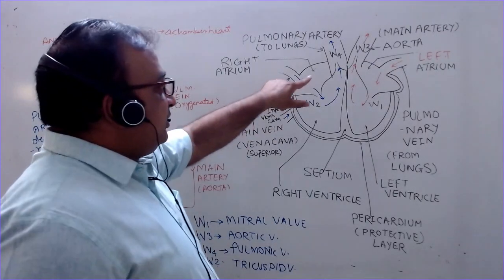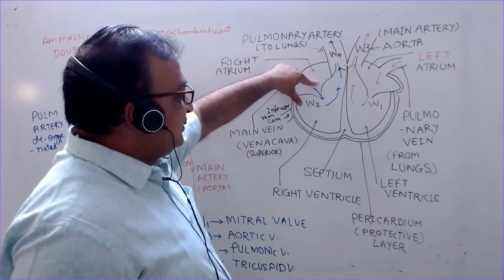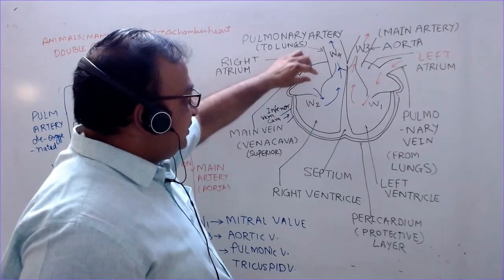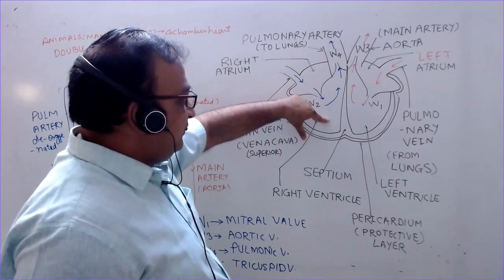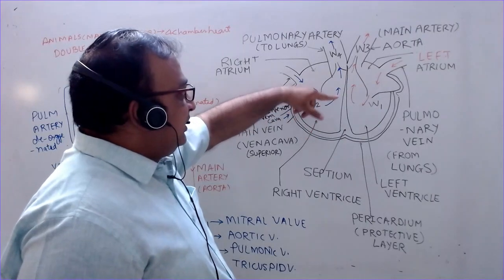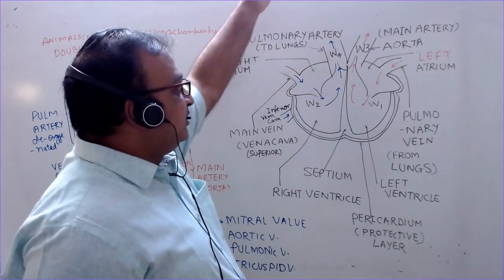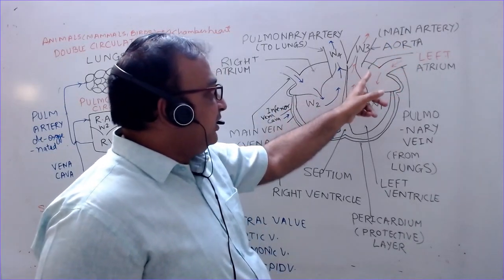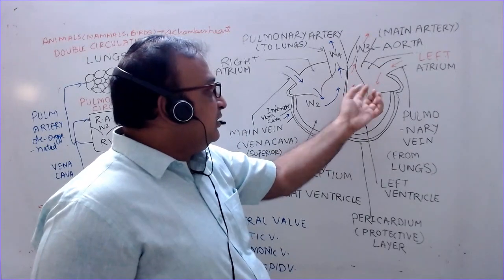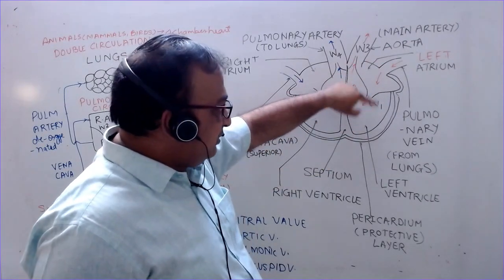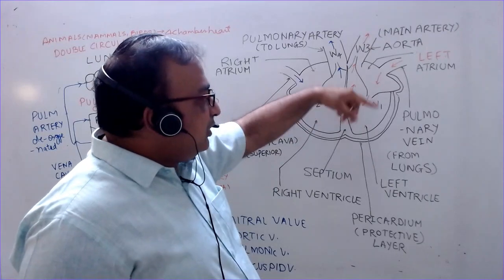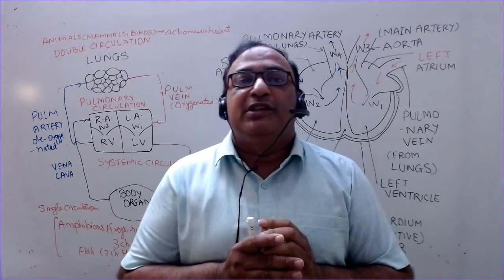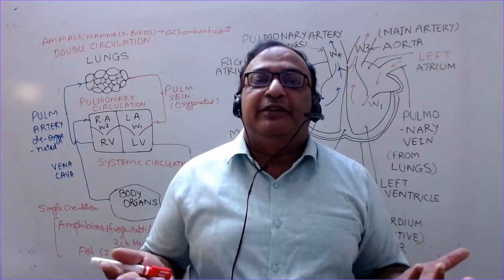When the blood enters here, this expands, and when this contracts, the blood enters the right ventricle, and then when this contracts, the blood is pumped out. The same thing happens here: when the left atrium expands, the blood enters. These things occur in a rhythm. One set of all such expansion and contraction is called one heartbeat.